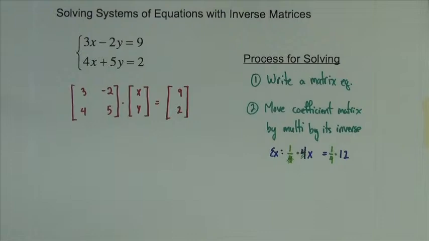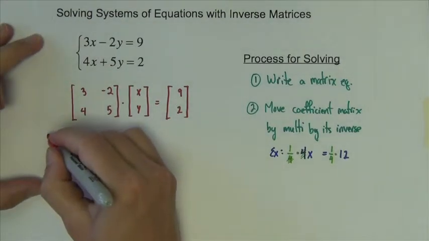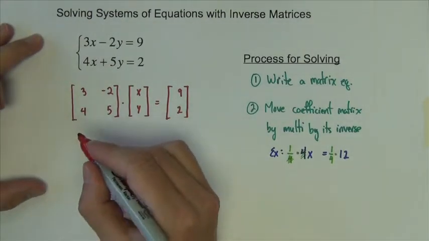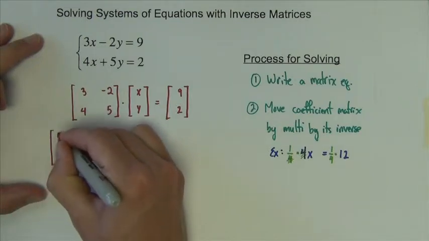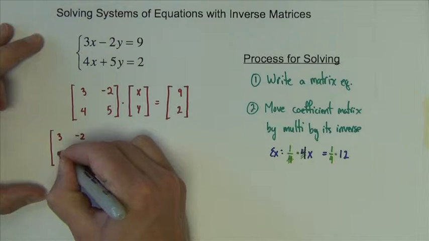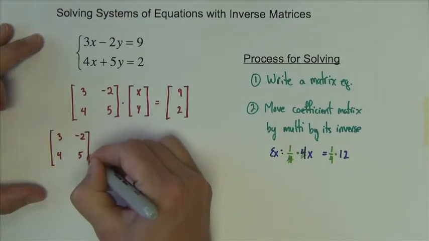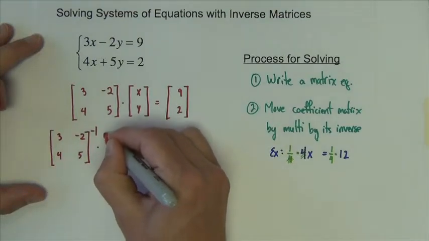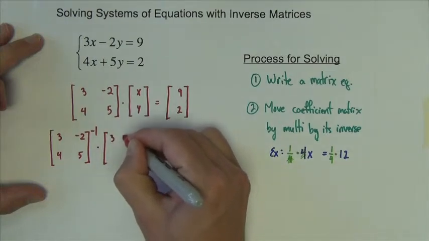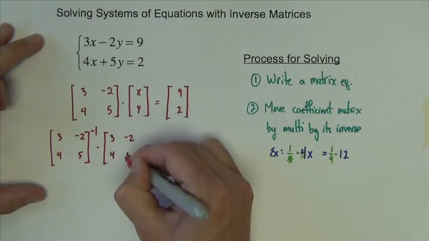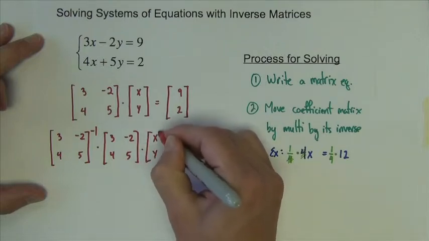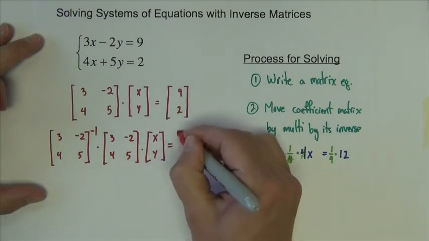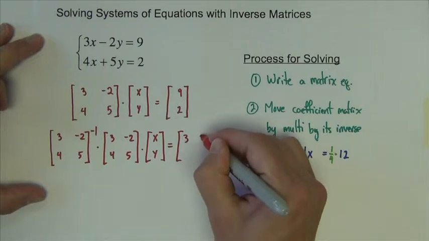If I multiply like this, I'm going to write out more than I normally would just so you can see it this first time. If I take this matrix, my coefficients, and take its inverse, I'm going to multiply its inverse over here as well.